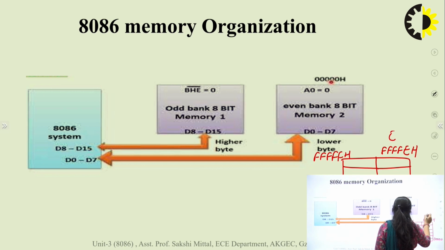You can see all the even addresses are on this side, all the odd addresses are on this side. So this is my complete 1 MB memory, divided into 2 banks. Each bank is 512 KB in size.